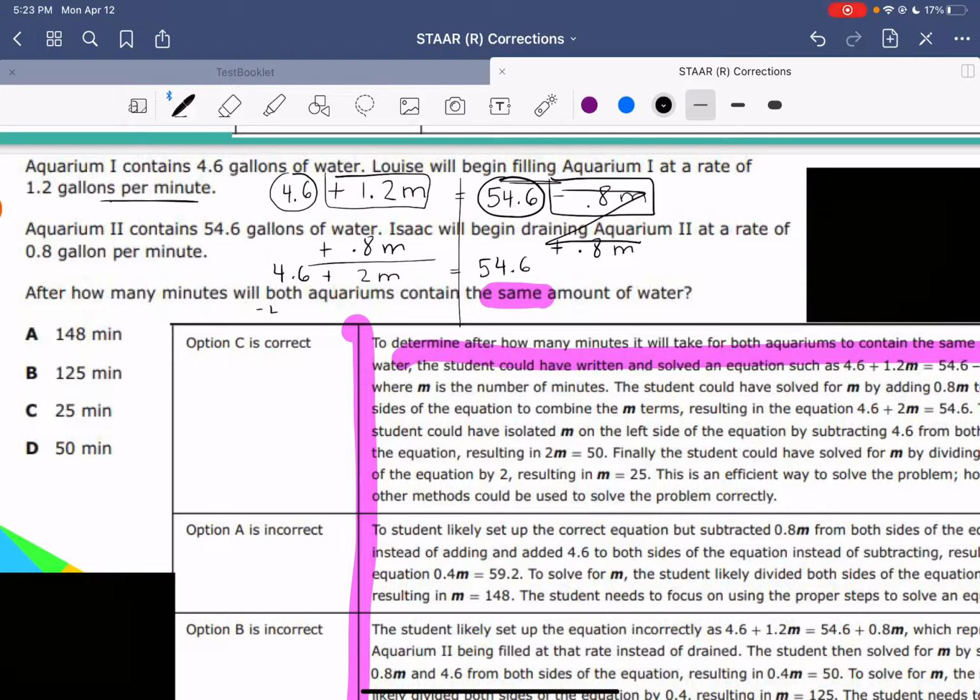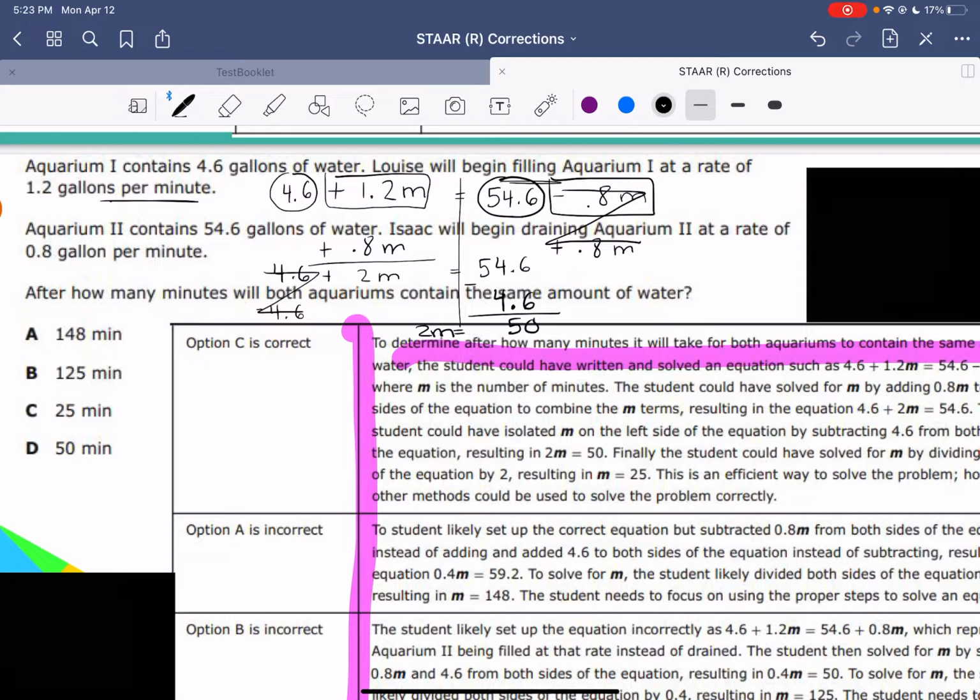So we subtract 4.6 from both sides, so that goes to 0. When I subtract 4.6 from 54.6, we get just 50, and that equals 2m.